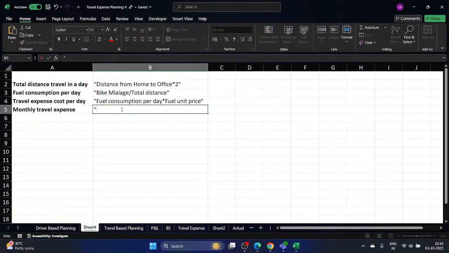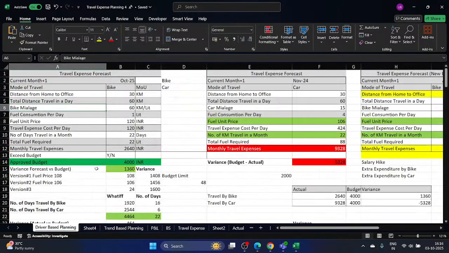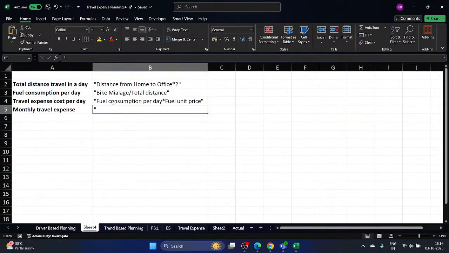So for this we have to multiply this by the number of days travel.